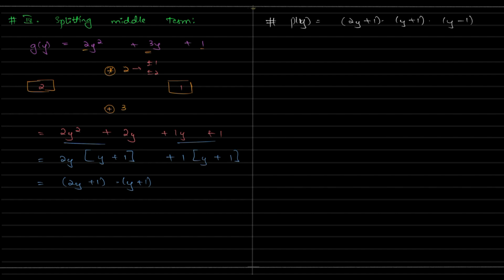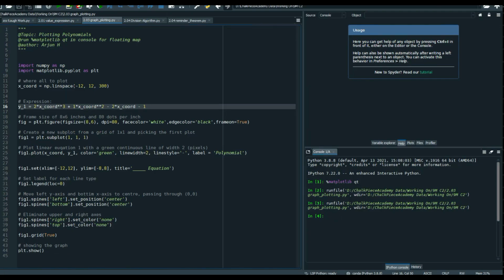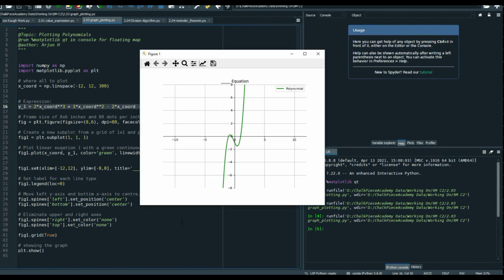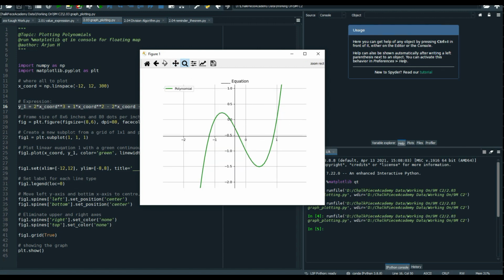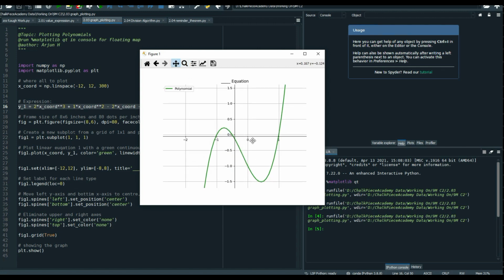Okay. So let's do the extra bit, talking about the zeros of this. So this is minus half, and this is minus 1, and this is plus 1. Is it so? Let's verify using our graph. I already typed in the expression. Let's simulate this. So this is your x-axis.